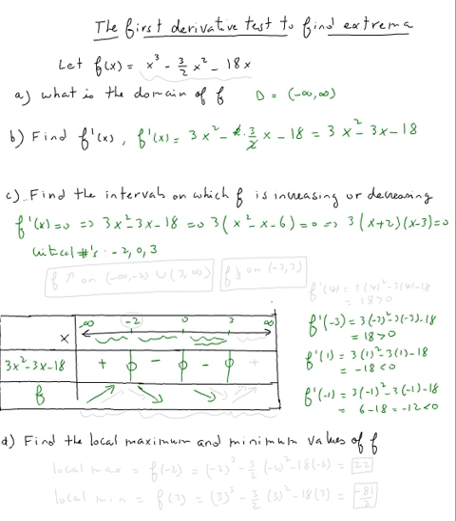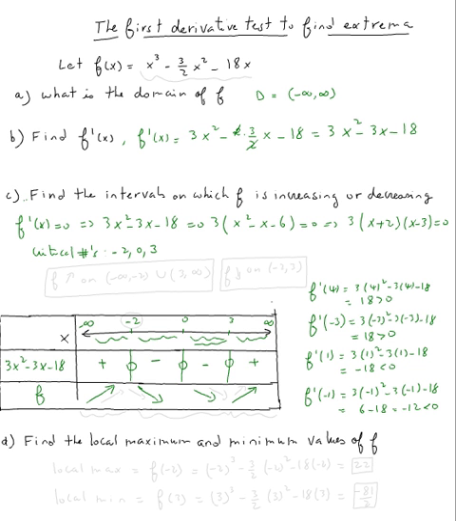Now all we need is to check this interval, so let's do f prime of 4. Plug in 4, we'll get 3 times 4 squared minus 3 times 4 minus 18, and this is equal to 18, positive, therefore it's positive here, and therefore it's increasing in there.